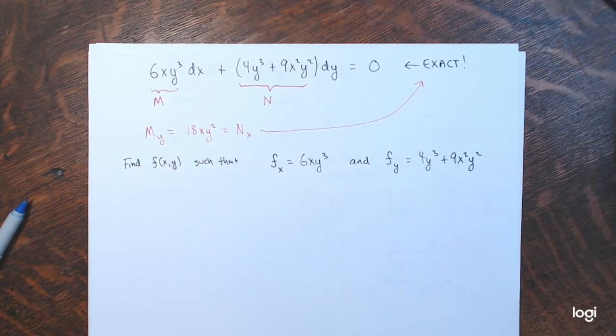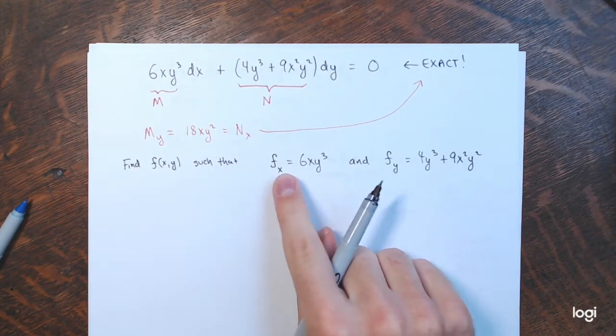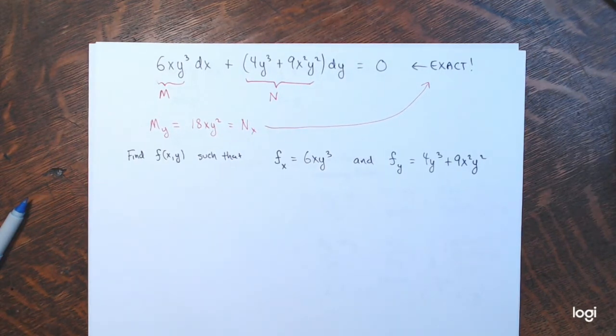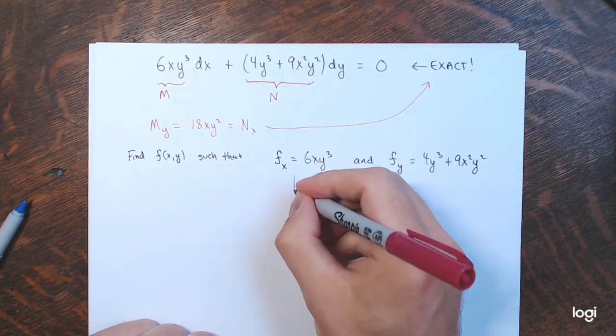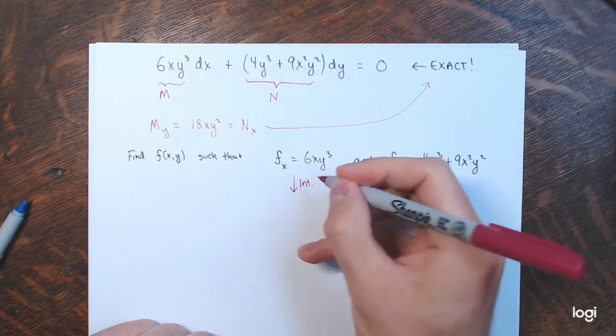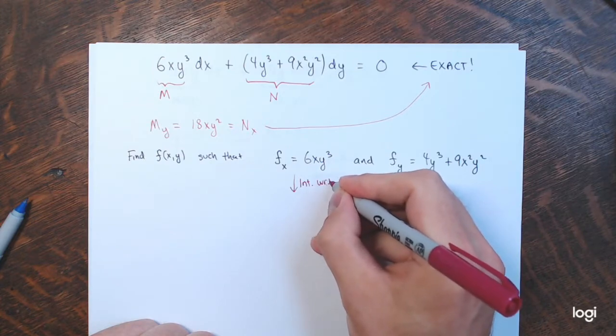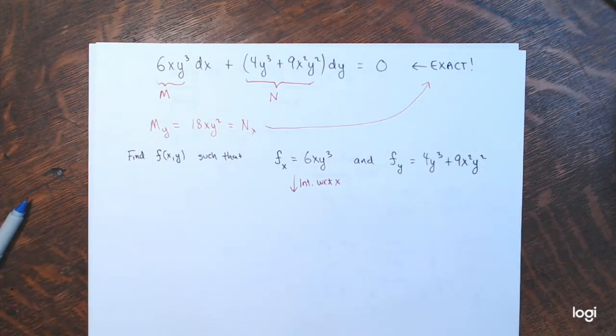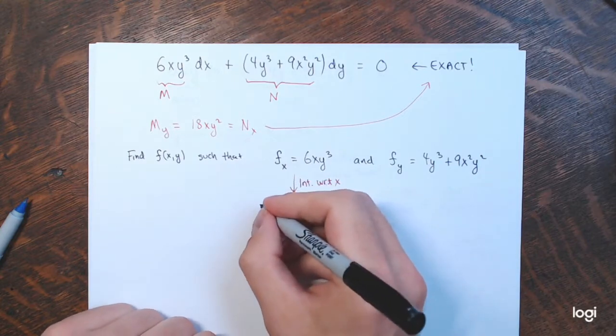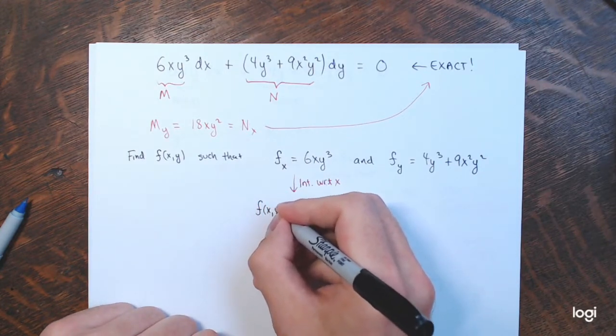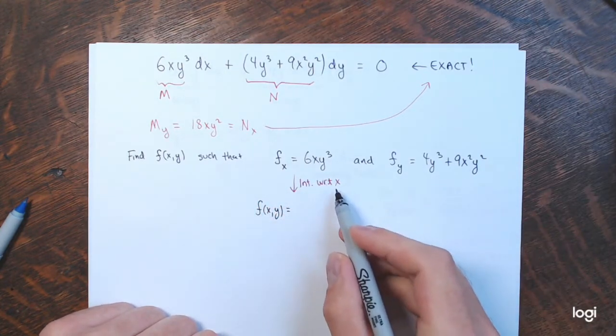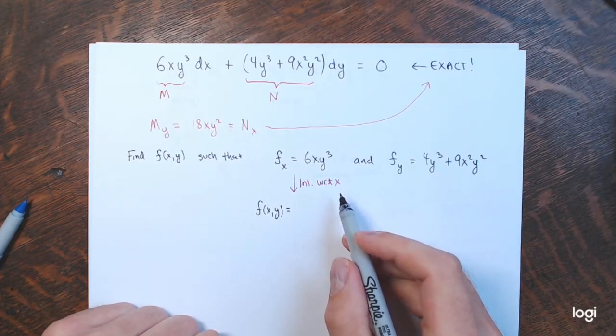Alright, and then just like last time, I'll start with this equation. The partial of f with respect to x is 6xy cubed. I'm going to integrate this with respect to x. So we have f of x,y will take on this form. Now remember, when you integrate with respect to x, you're treating y as a constant.